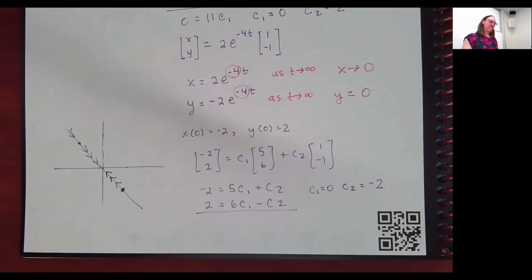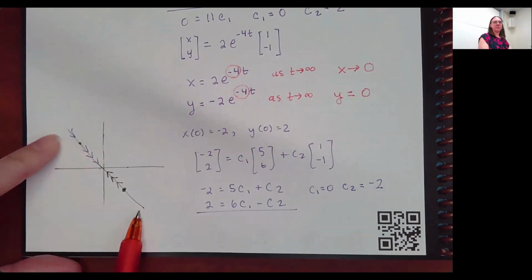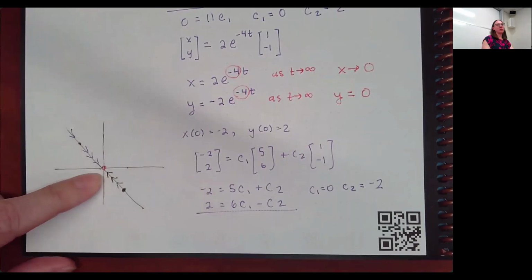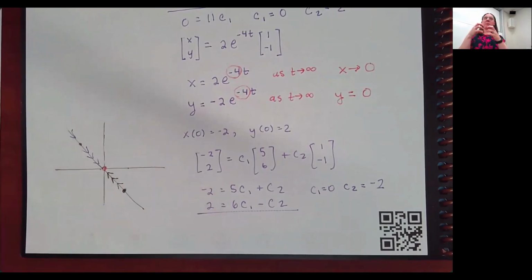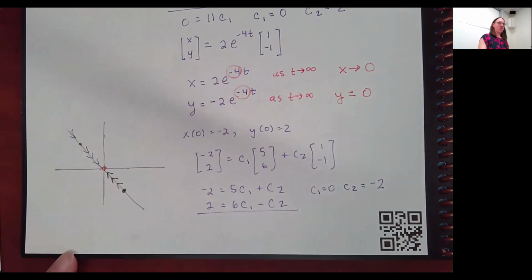So I'm checking the stability along that eigenline. At any point on the line, I'm getting pushed towards 0, 0. So the equilibrium of 0, 0 along that line is stable. Yeah. So overall, the equilibrium, as it turns out, is not stable.